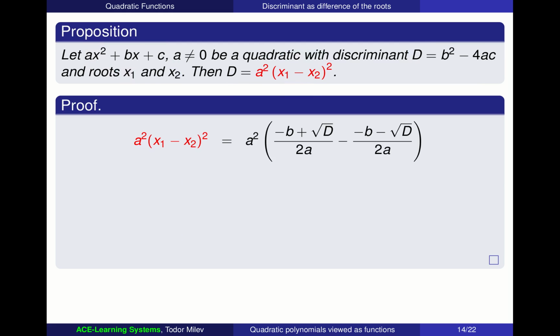In order to prove the proposition, we need to start with the expression a squared times (x1 minus x2) the whole thing squared, right? So that's how we start.